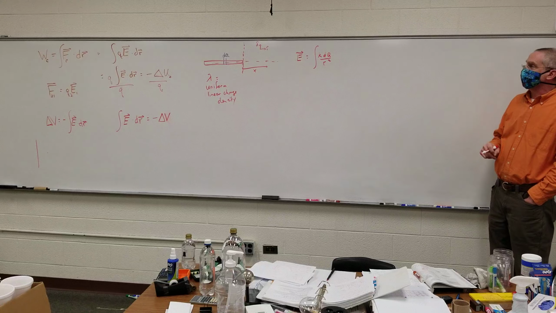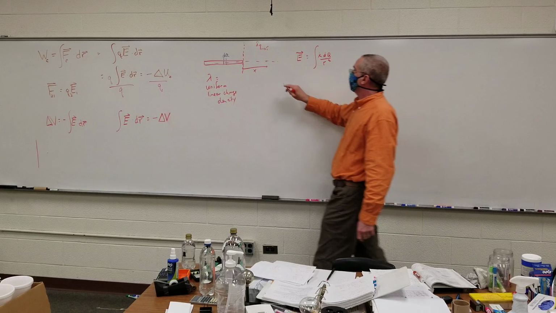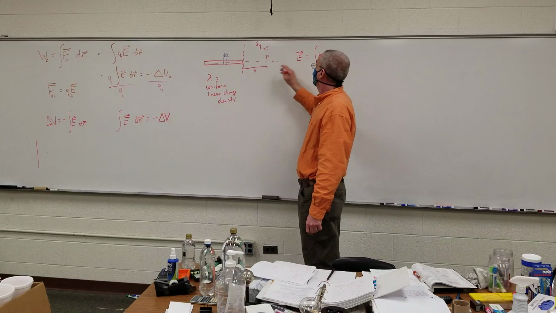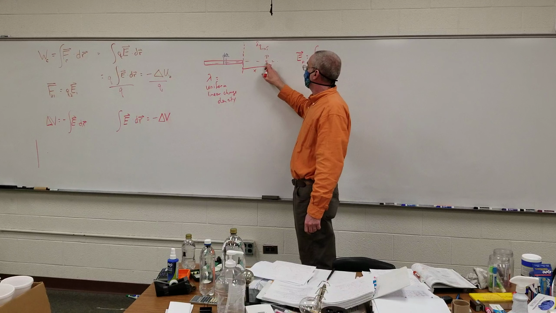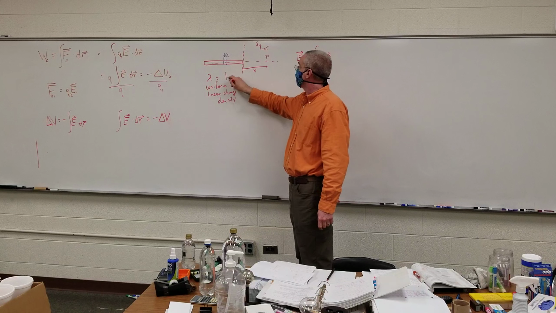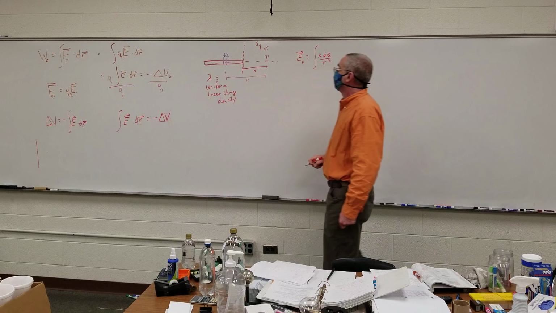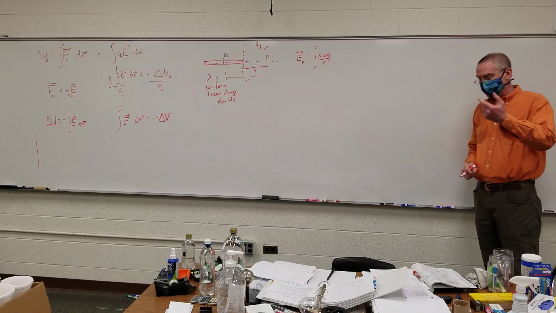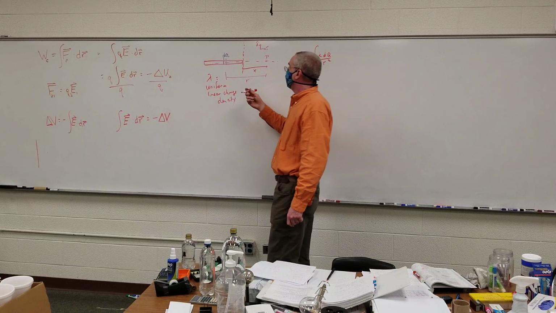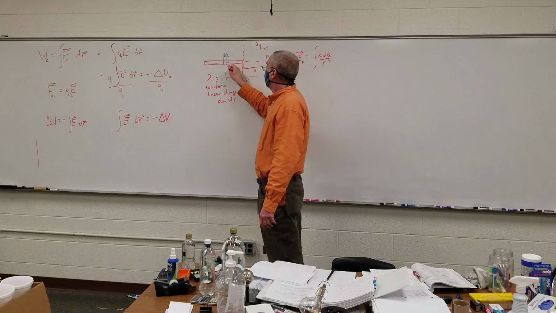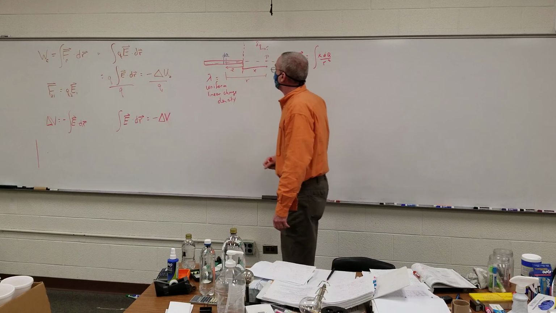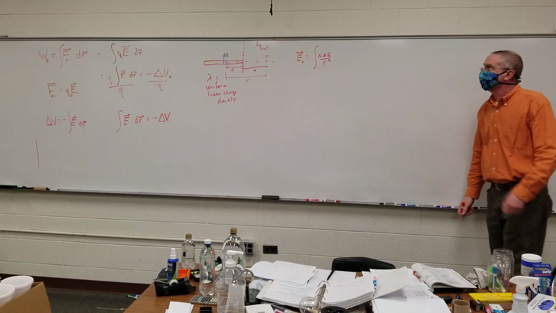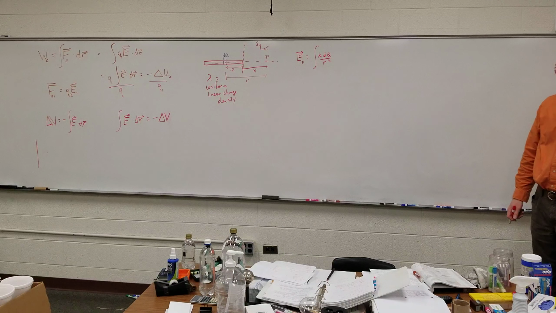And r is the distance from my point in question, what do we call this cleverly, point P, to where my differential is, so this would be r. So I do need to come up with another temporary variable, which I'll call z. And I'll let z just be the distance from my vertical axis to where my differential is.